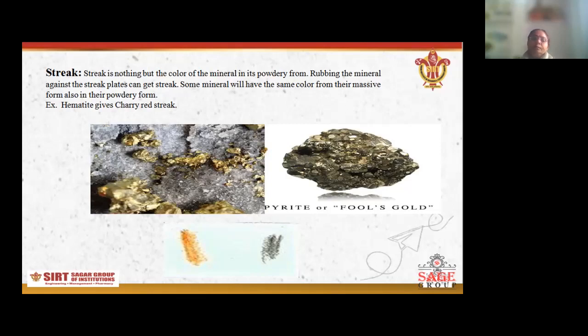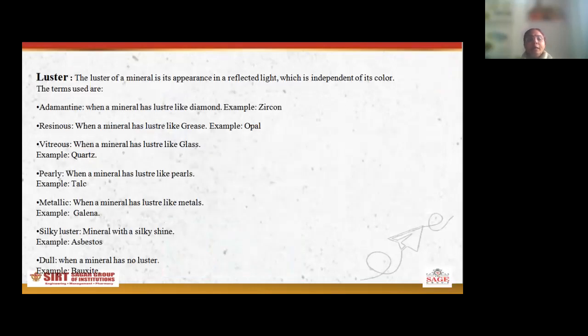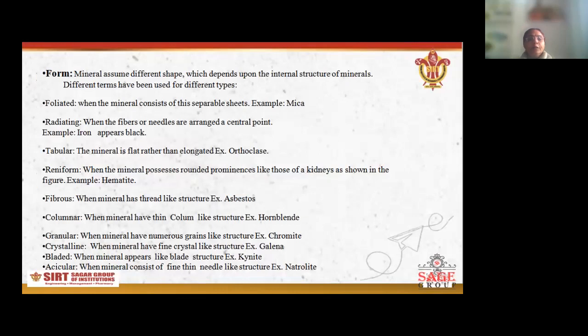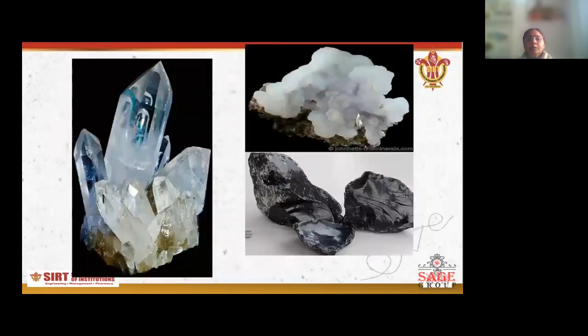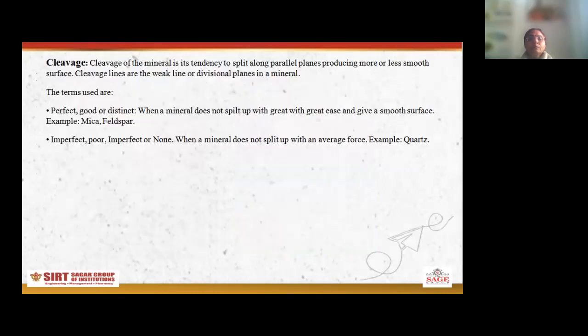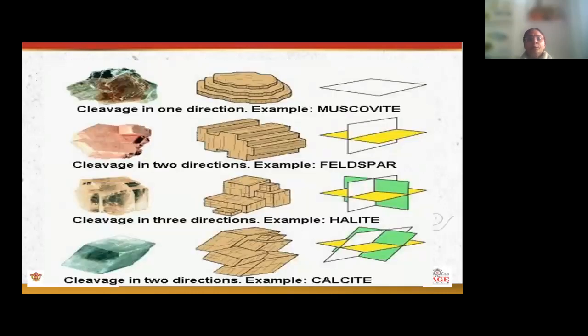The color of a mineral powder is known as streak, and the best example is hematite. Then we discussed different types of lusters in the last class with their examples, and we have already discussed forms. These are the different forms: crystalline, amorphous, and these are some examples of different types of forms. We have already discussed cleavage.